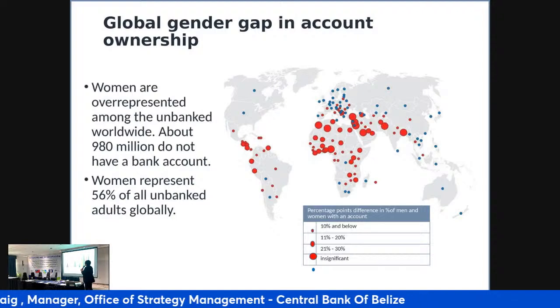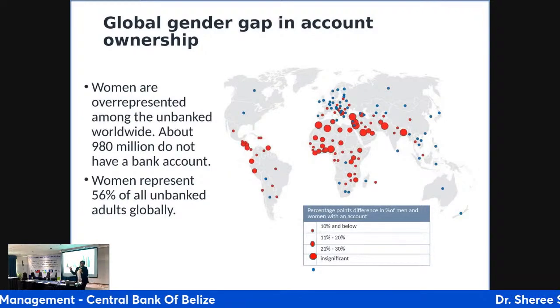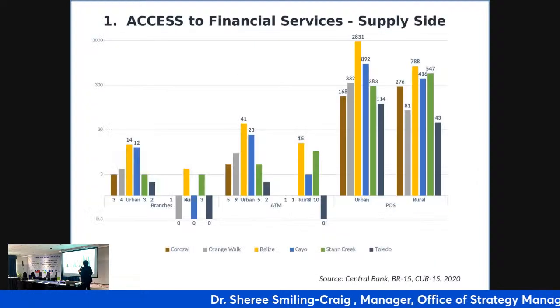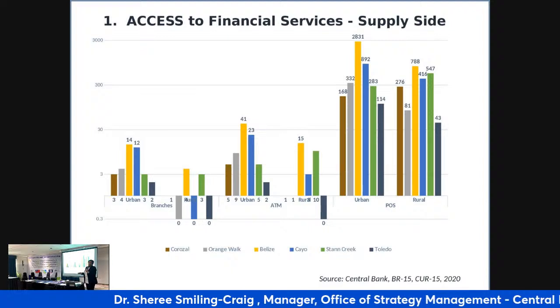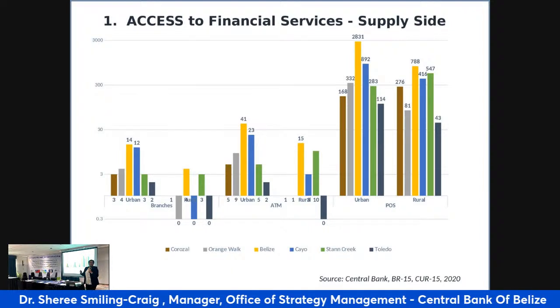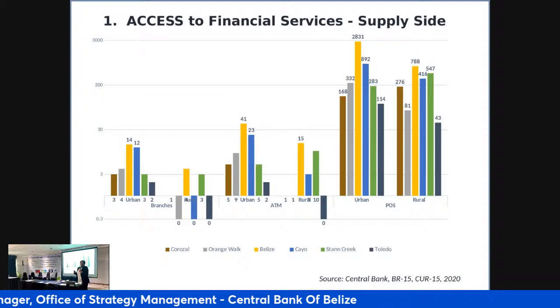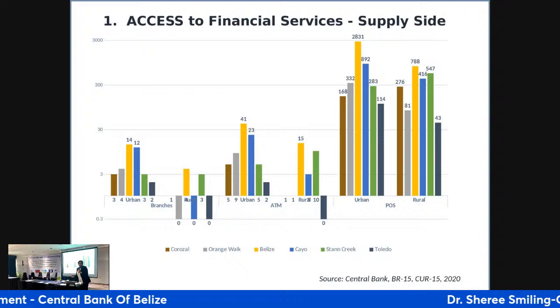All right, so if we look now at financial services on the supply side by district. This data is coming from the financial institutions and the sources of the central bank. And this is the information that the financial institutions submit to the central bank, okay?